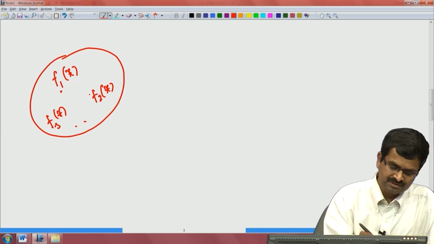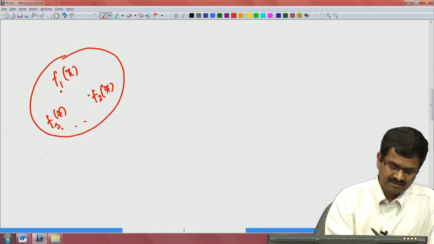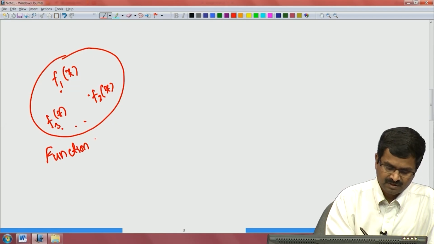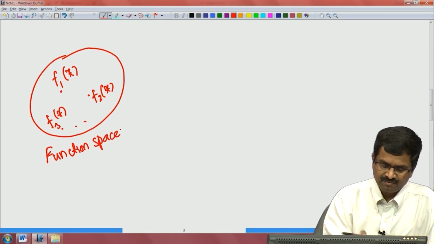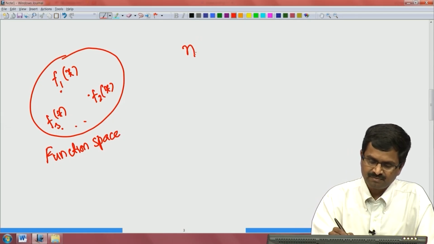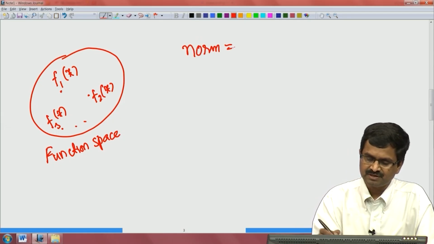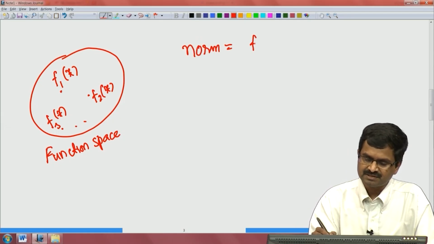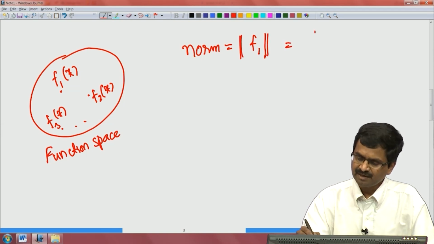All of these are points in that function space. For every one of them we can define a norm. A norm of a function, say f1, can be an integral.